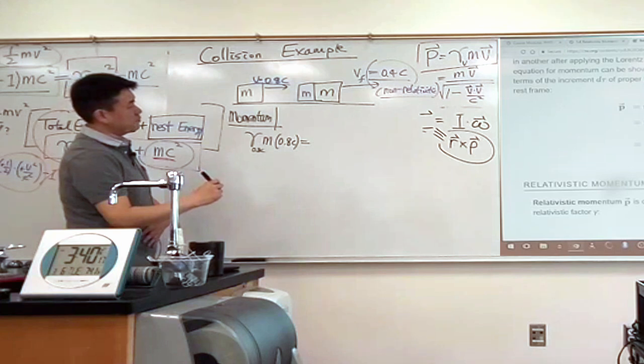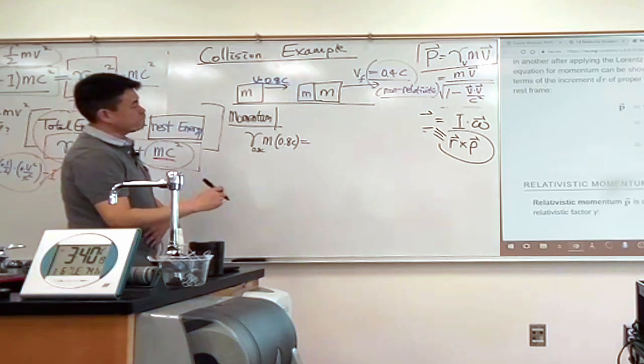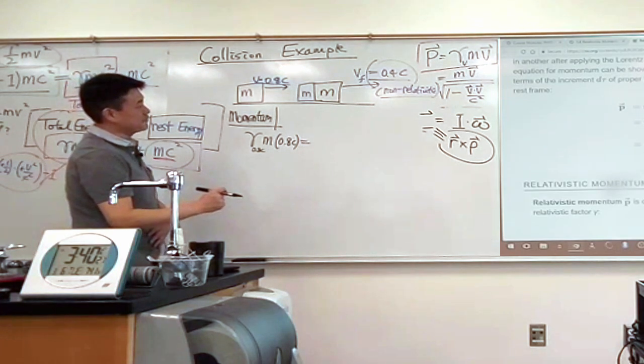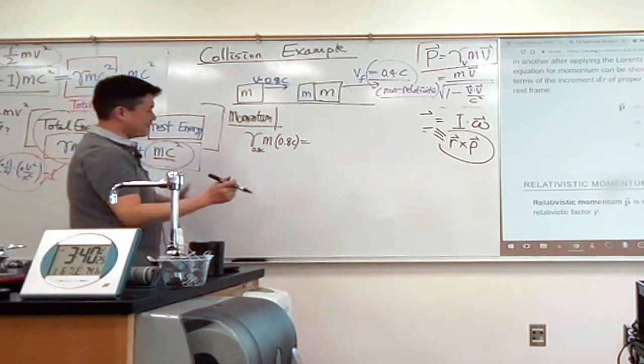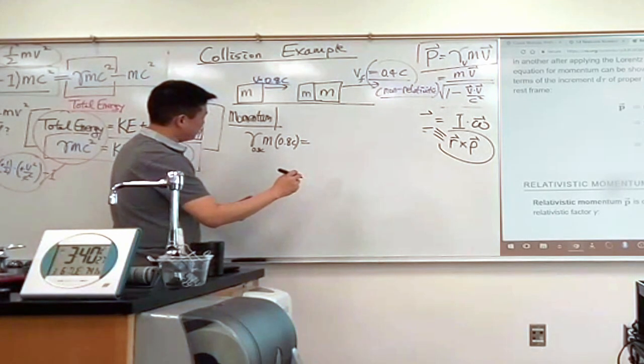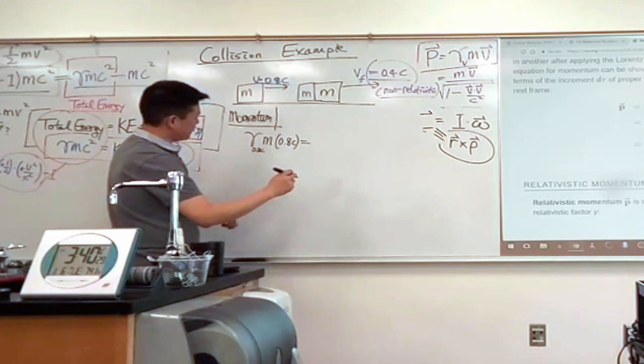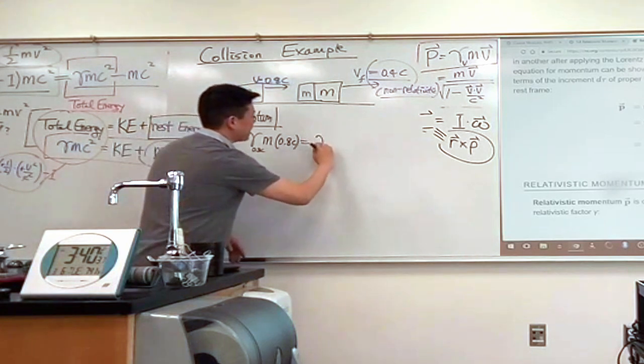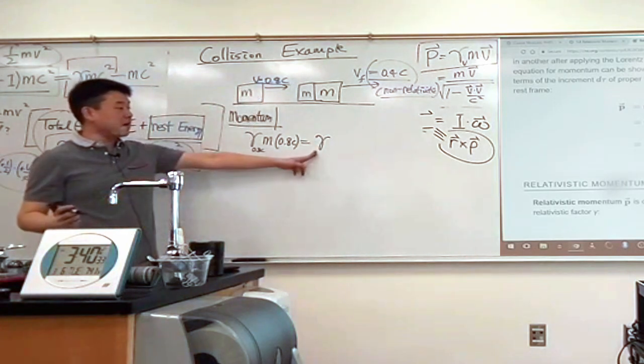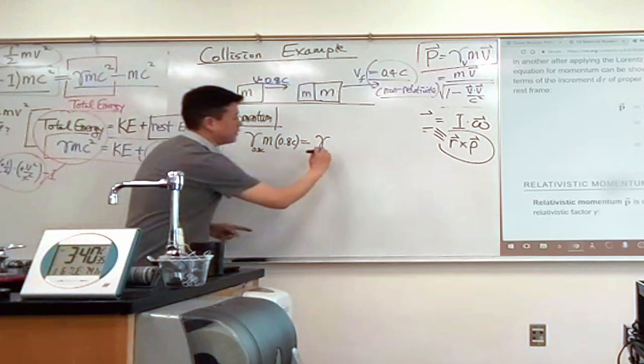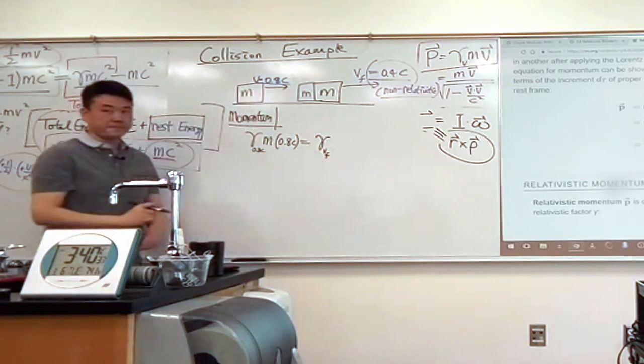Oh, I think I'm going to run into a bit of trouble. I think I'm going to be fine. I don't think I'm going to be fine. Let me just keep going. Gamma, I'm going to subscript it, for some final velocity.